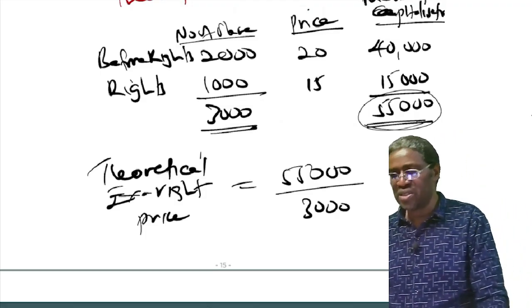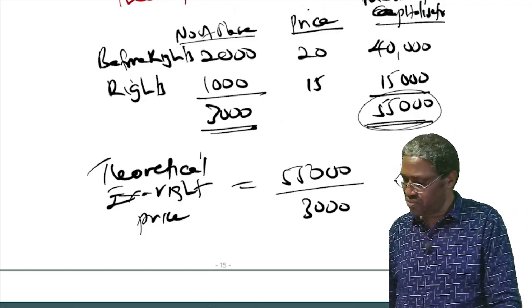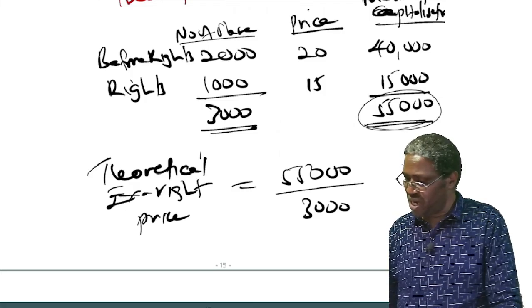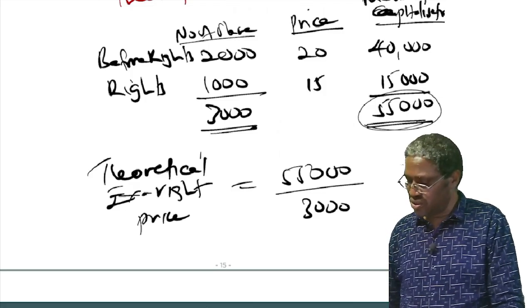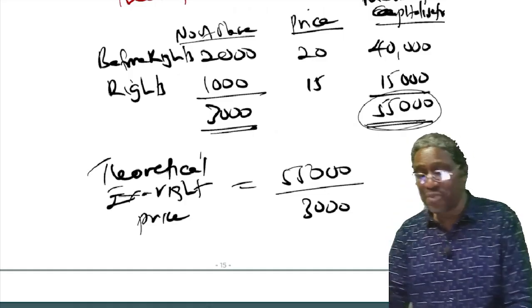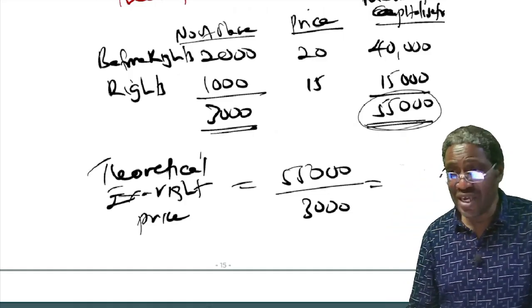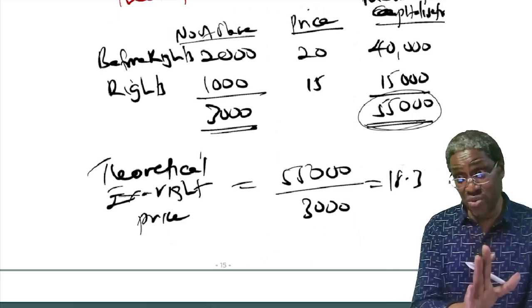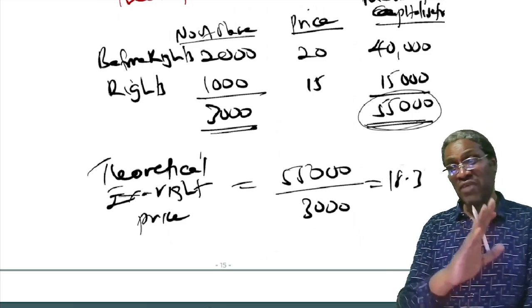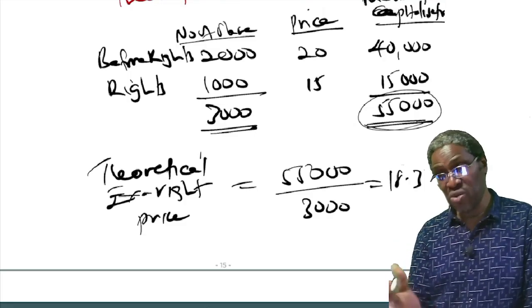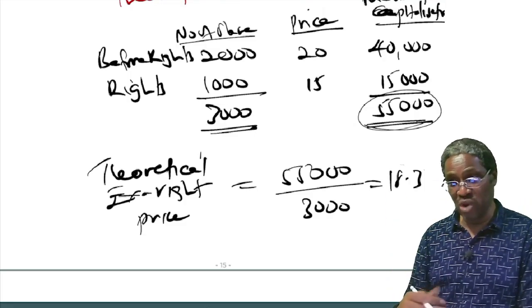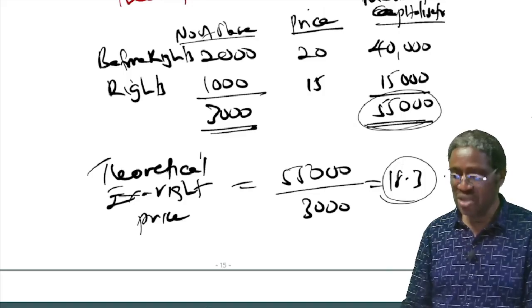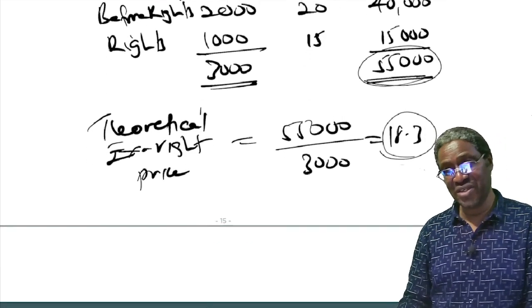Let me calculate it. 55,000, we divide that by 3,000. So we expect the price per share in the market to be 18.3. Remember, before the rights issue it was 20. We have increased the supply of the shares. We expect the price to come down to how much? To now 18.3.